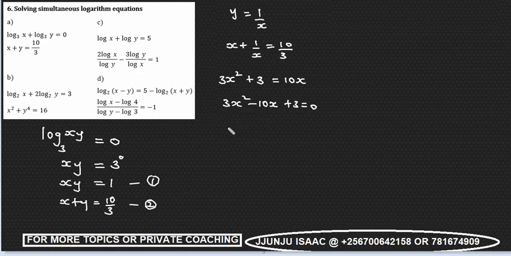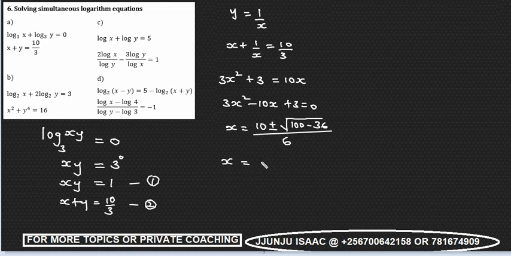So we can use the formula that x is equal to minus b, that is 10, plus or minus the square root of b squared, that is 100, minus 4ac, 4 times 3 times 3, that is minus 36, then divided by 2a. 2a is 2 times 3, which is 6.